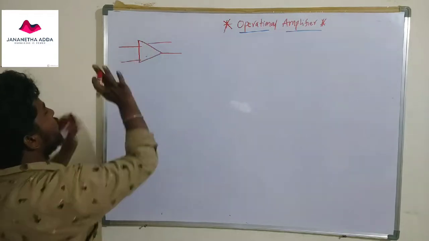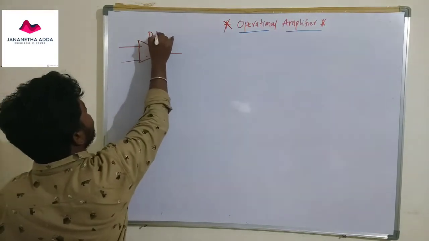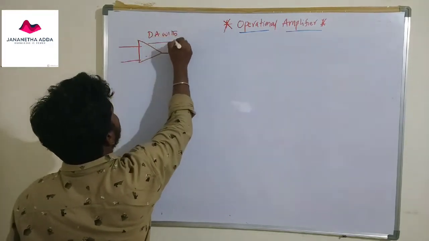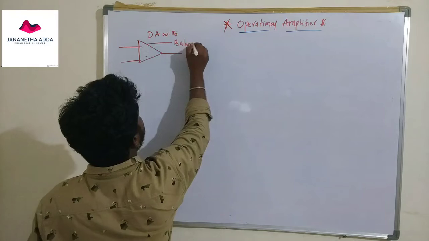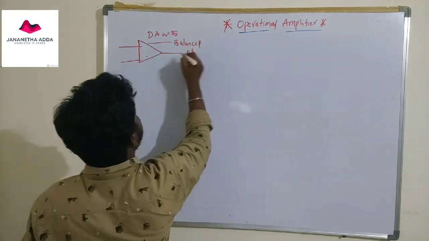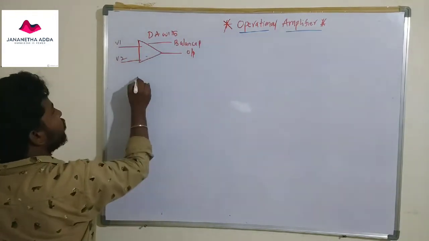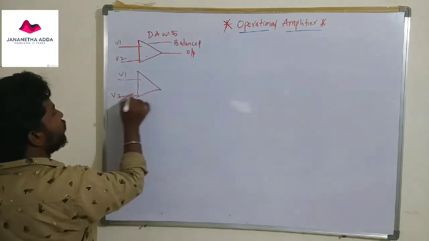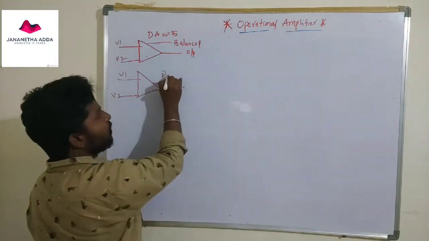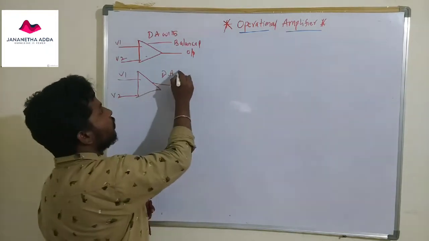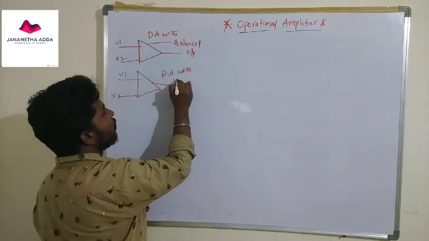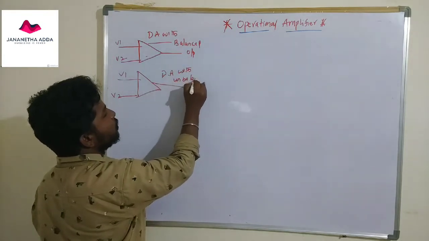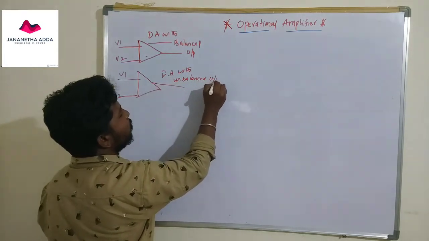I am representing this as a differential amplifier with balanced output, having V1 and V2. If I represent the same V1 and V2 with one output, it is a differential amplifier with unbalanced output.